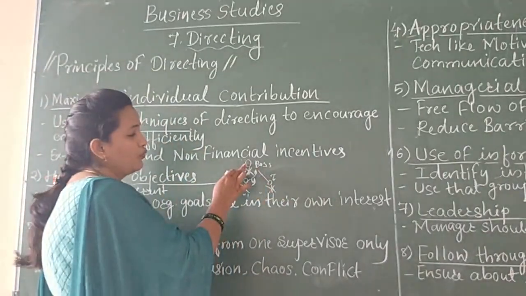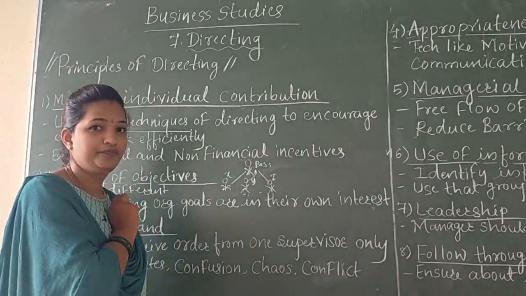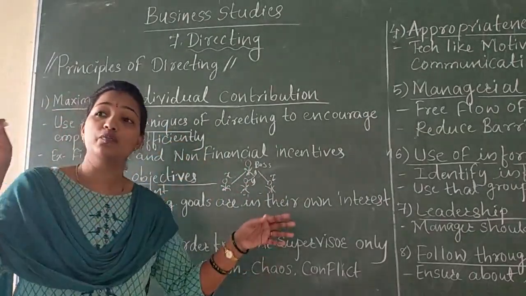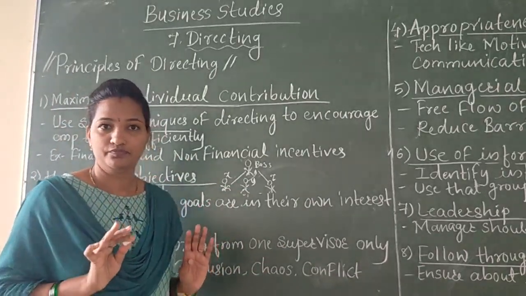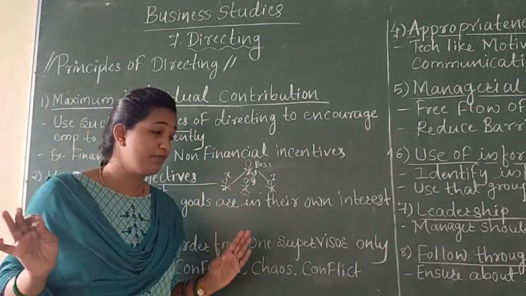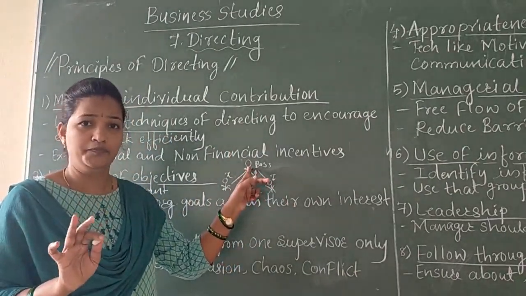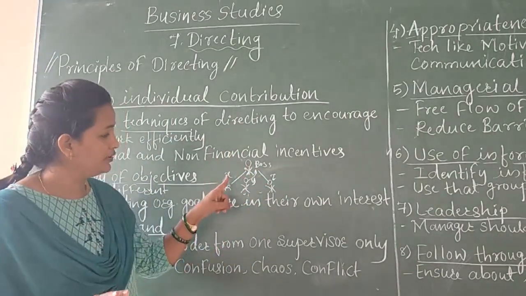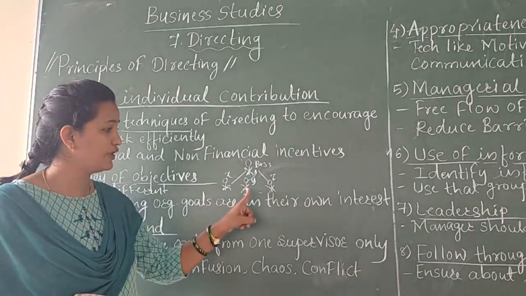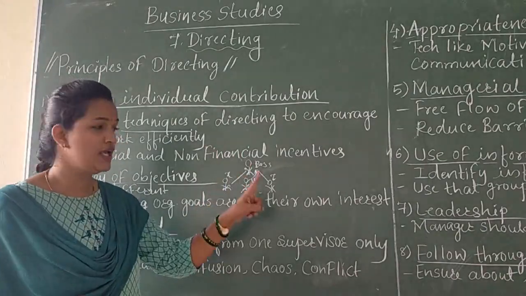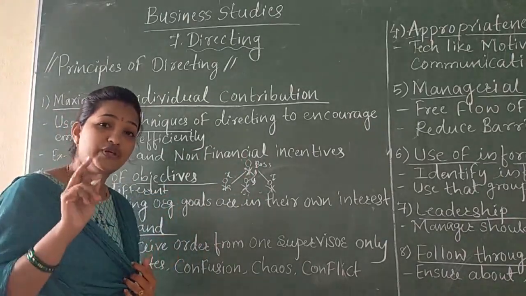For n number of people, one single boss is there. That is no problem. Employee X, Y and Z taking orders from this boss is the unity of command.